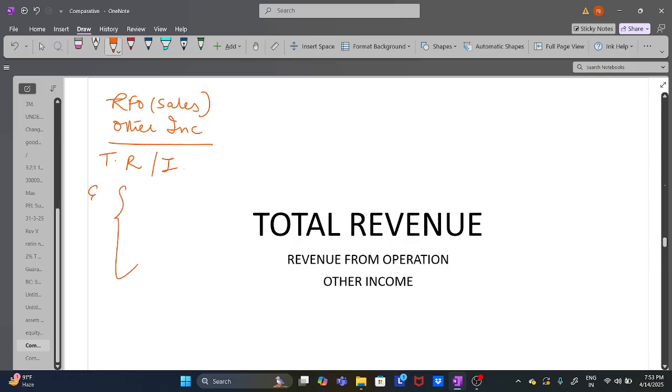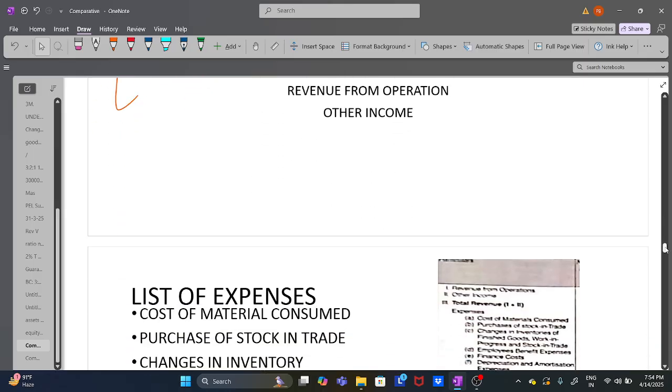Now we put all expenses here: cost of goods sold, change in inventory, which is opening stock plus purchases minus closing stock as we used to do, employee benefit expense, which will be your wages and salaries both, other expenses, all indirect expenses, depreciation, all. So detail of expenses could be given.